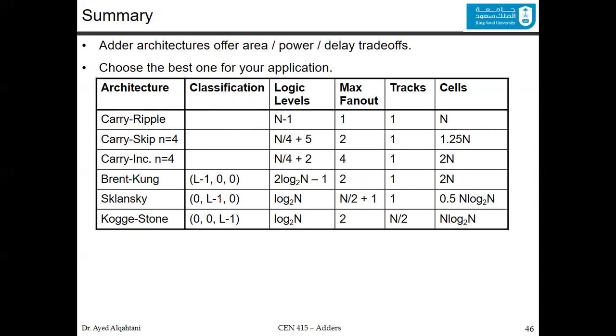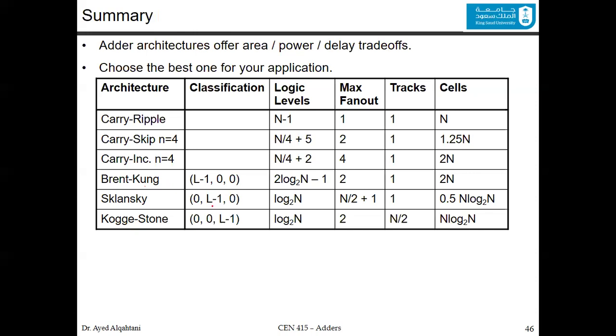Here are some classifications. We said that the Brent Kung has the worst delay depth. We said in Sklansky the fan out is the worst, and in the Kogge Stone you have the wiring problem.